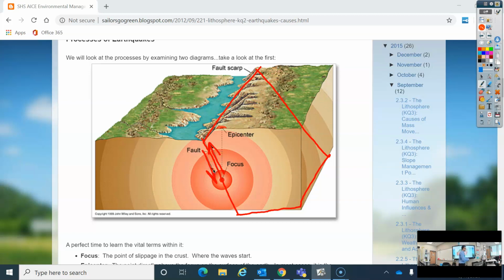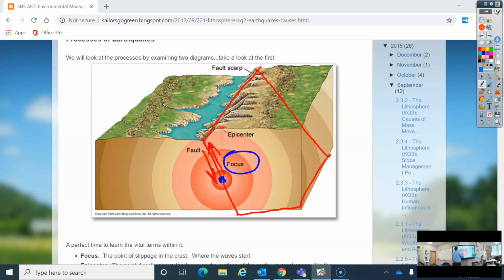Now, wherever there's a hang-up, where those 2 plates can't move perfectly, there might be a rock or something that's causing it to hang up. And then at one point, that's what will snap. That point of movement is called the focus of an earthquake. That's the point from which all the energy comes out, because that's the point of slippage.